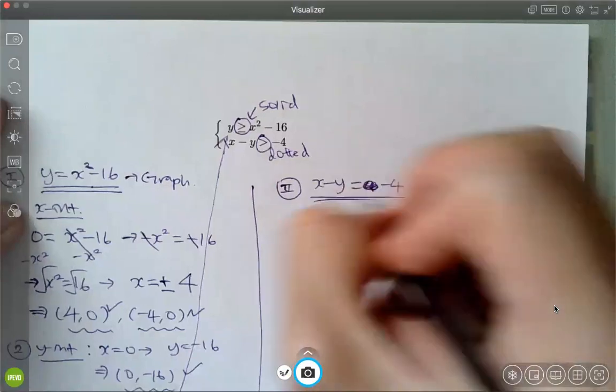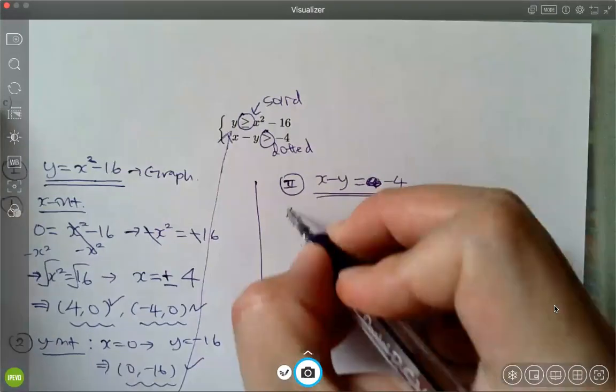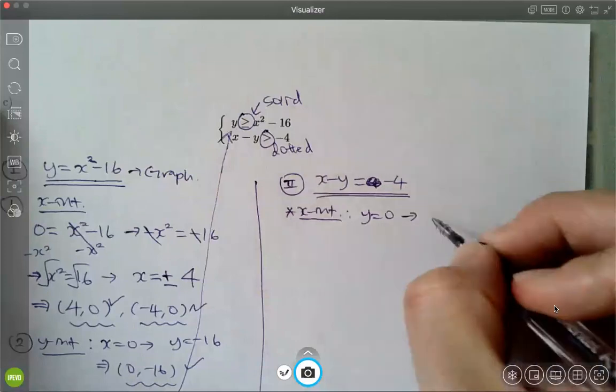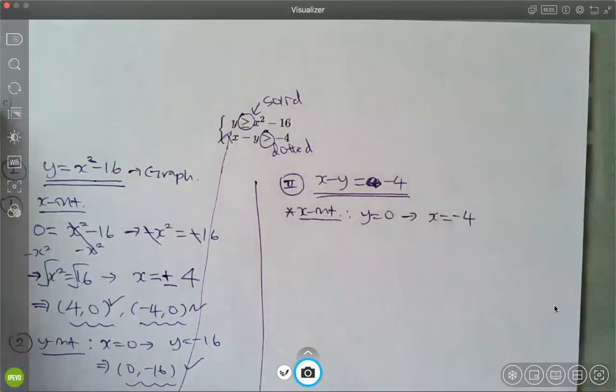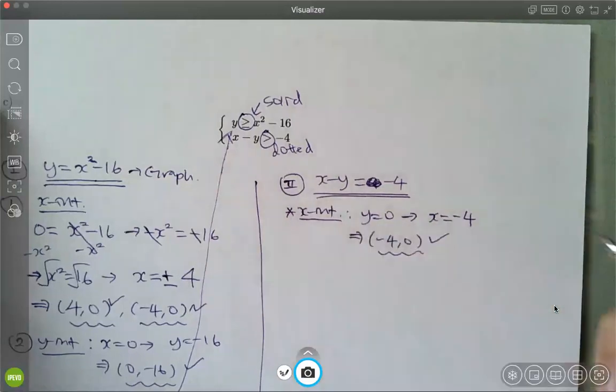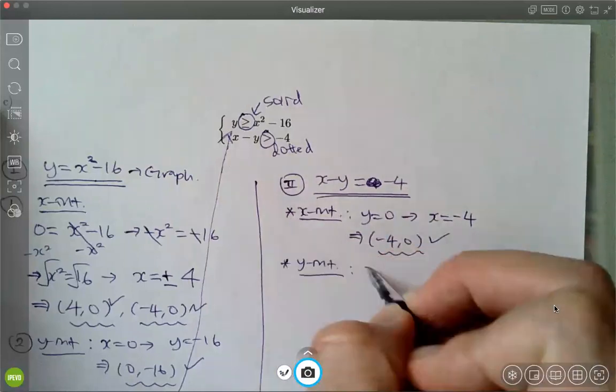Okay. So this is a line. So we need to find x and y intercepts once again. So x-intercept, set y equals 0. So that means x is equal to negative 4. So it passes the point (-4, 0), which is a good point. And then the y-intercept. So set x to 0.